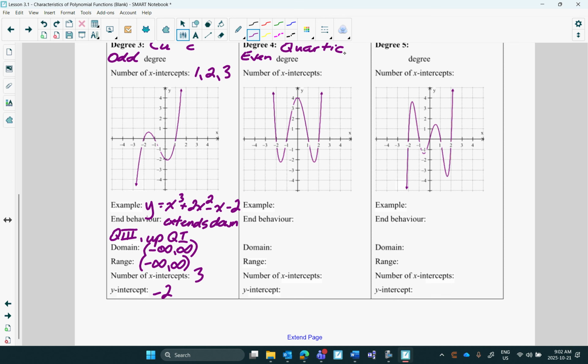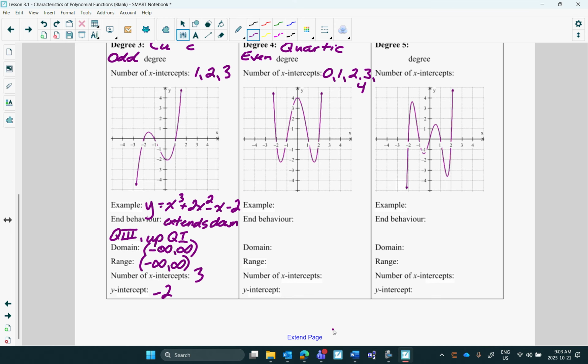Well, with even ones, it's possible to draw them with 0. I could draw one of these that only has 1, or 2, or 3, or 4, which this specific one has. But if I took this W shape and move it above the x-axis, it has 0. If I took one of the ends and put it on the x-axis, it has 1, and so on.